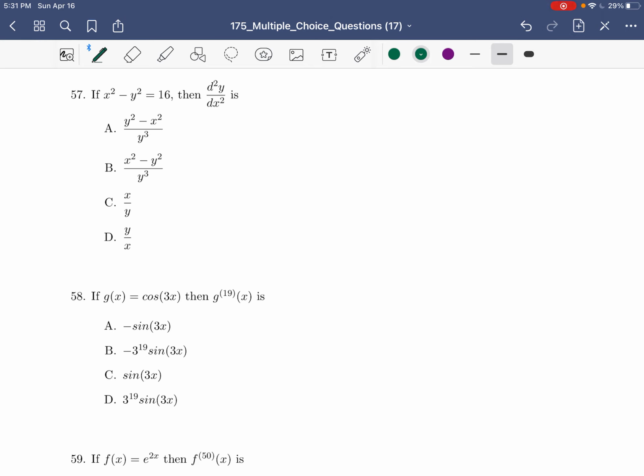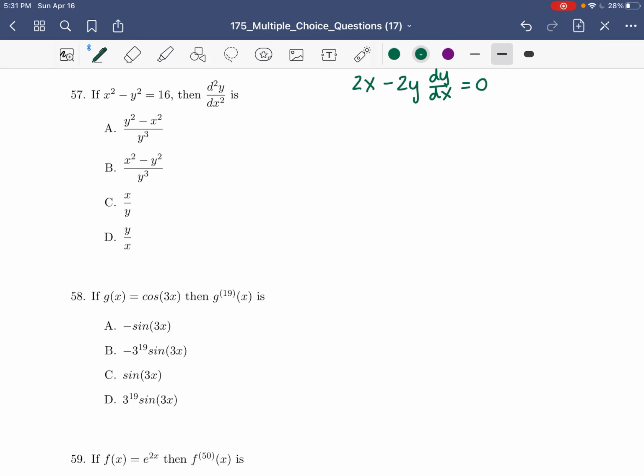Okay, 57, we have an implicit, but this time we need a second derivative. So we're going to do it the same way. We're just going to have to do it twice. So here we're going to end up with 2x minus 2y dy dx equals 0.